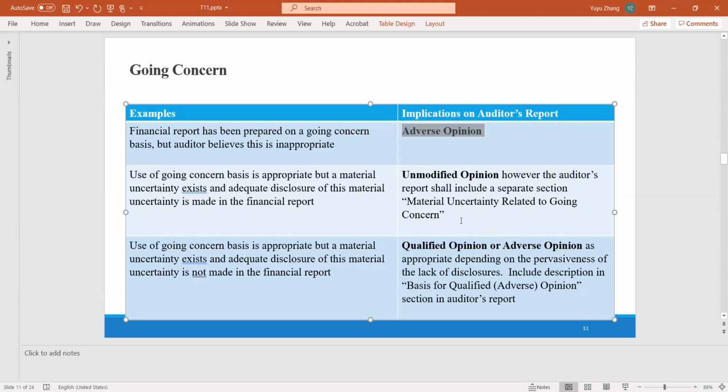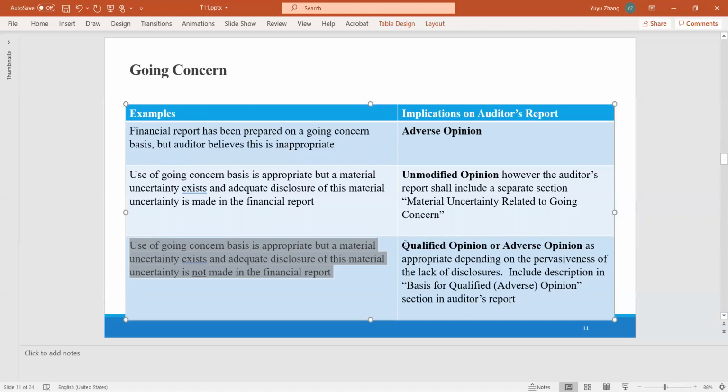All right. So in situation 3, the going concern basis is okay for this company, but there is a material uncertainty. However, the directors didn't make a proper disclosure of this going concern uncertainty in their financial report. So that actually means the financial report has been misstated.